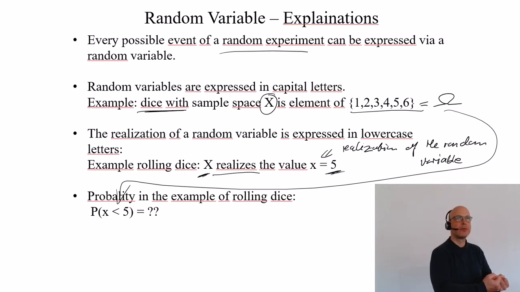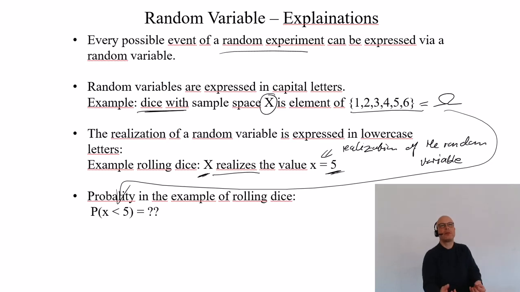So we can, of course, assign an event as seeing the number 5 and then ask for the probability of the number 5. For this, of course, if we have a fair dice, then the probability is 1 over 6.